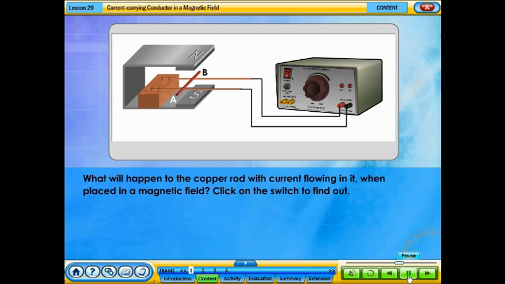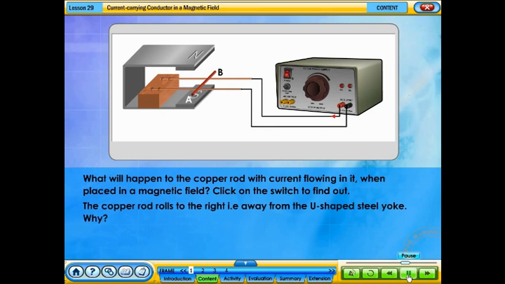Click on the switch to find out. The copper rod rolls to the right, that is, away from the U-shaped steel yoke.